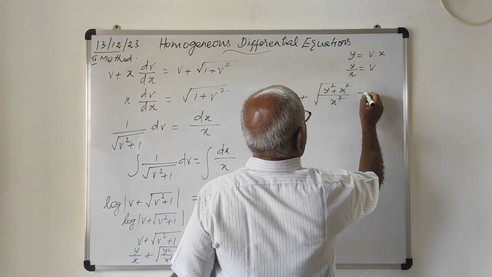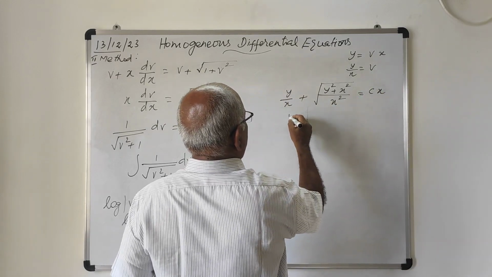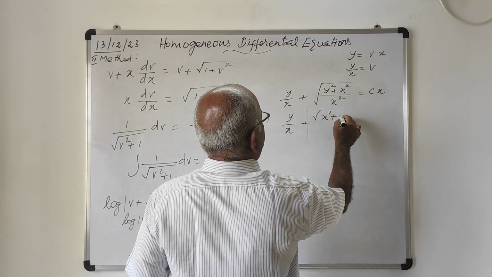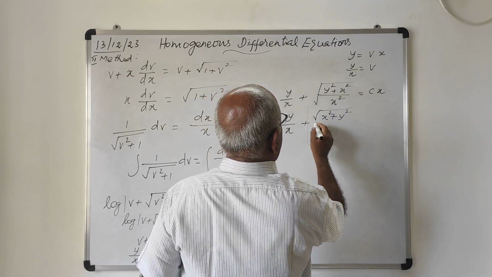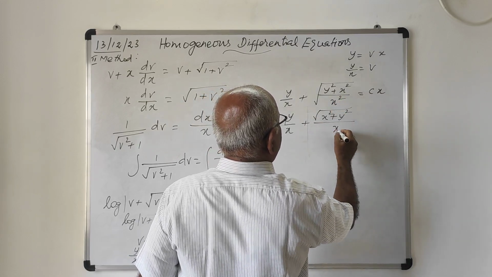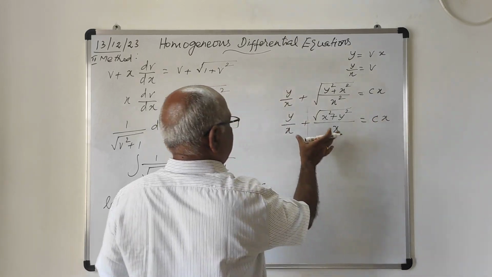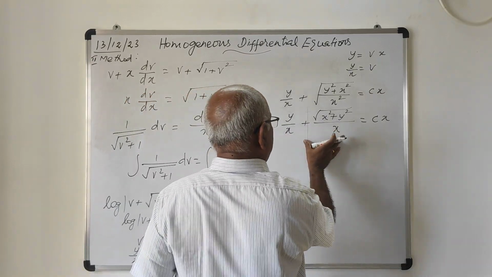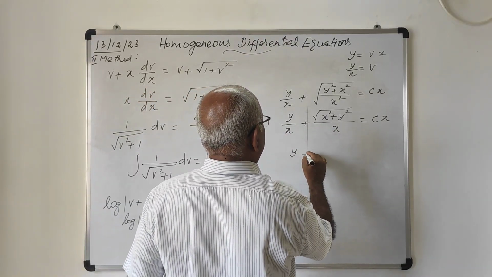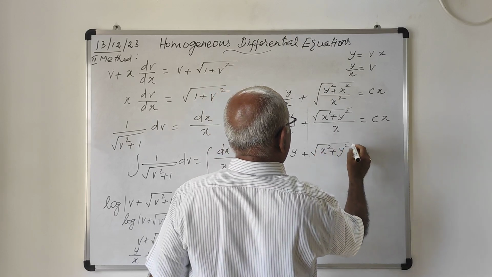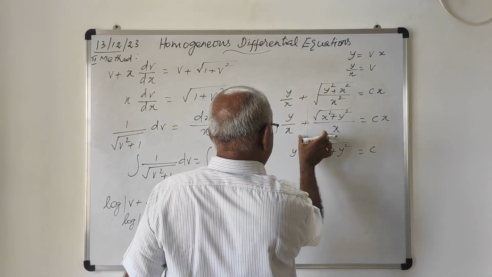Again, this is y by x plus root of y square plus x square, which I can write as x square plus y square, in the numerator, with denominator root of x square, which is x, equal to cx. Taking x as the common denominator, you will get y plus root of x square plus y square equal to c into this denominator x.